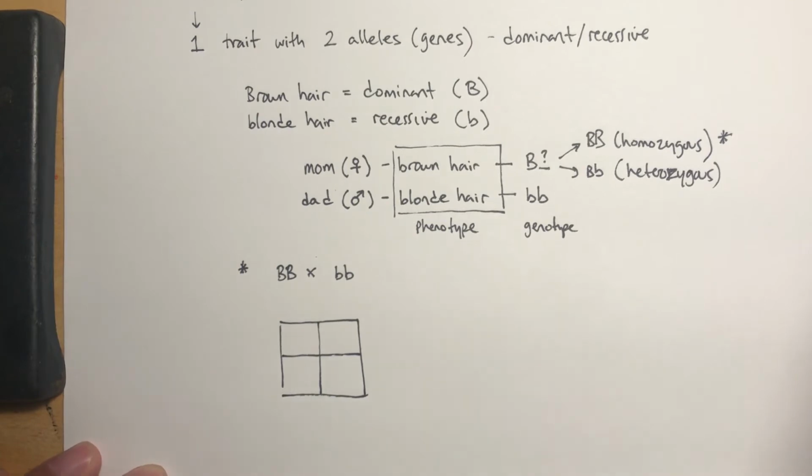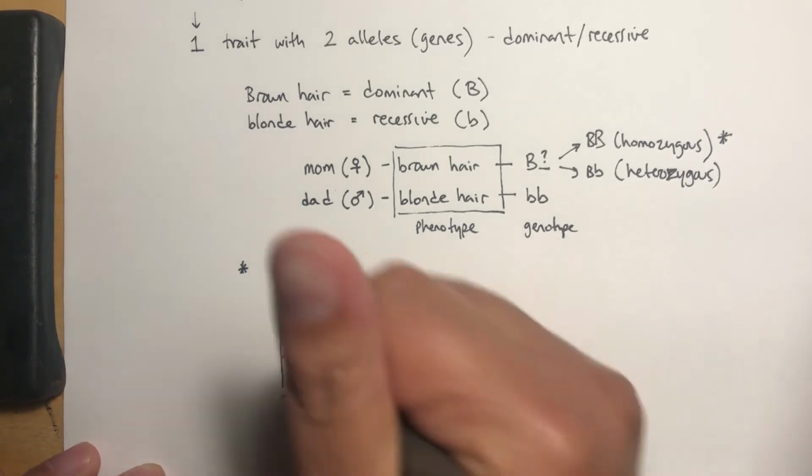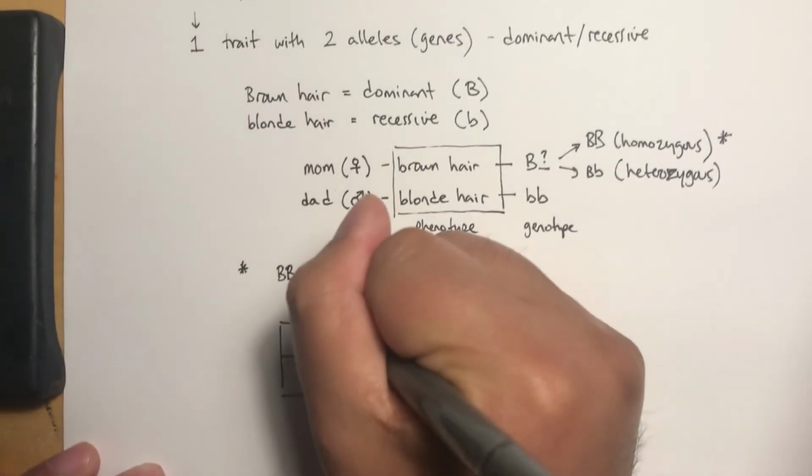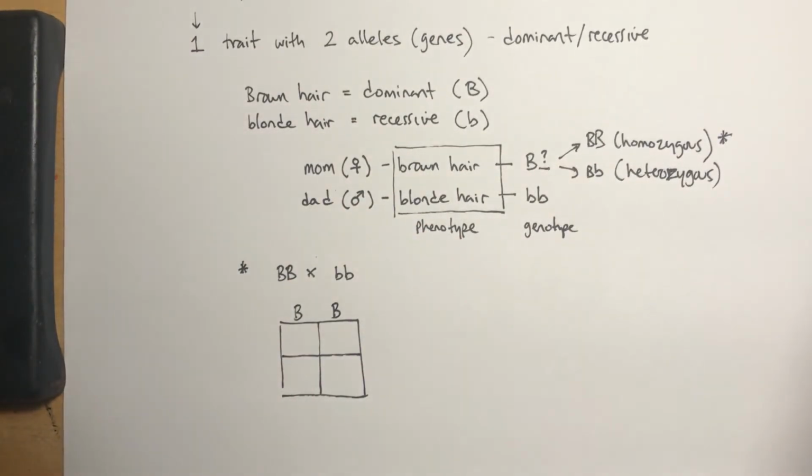It really doesn't matter which genotype goes on the top or which one goes on the side. Usually the males are the ones that they put on the top and the females are on the side, but it really doesn't matter. Even if I put mom's genotype at the top, I would have it so that each allele is occupying its own little square, just right above that square.